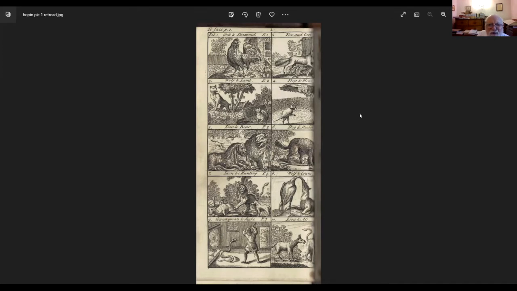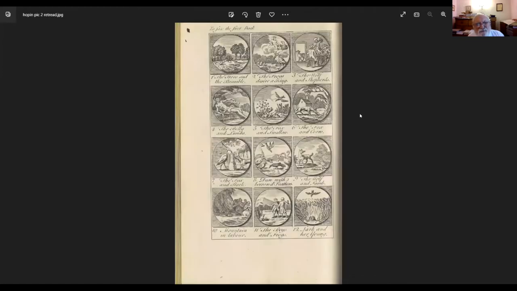The book, I think, was something of a success, and the next plate will show us that in 1764, Robert Dodsley, at the end of his life, also produced a fable book, the famous Select Fables, which was in fact printed in Birmingham by Baskerville and was illustrated again by these plates in what I would call a grid.